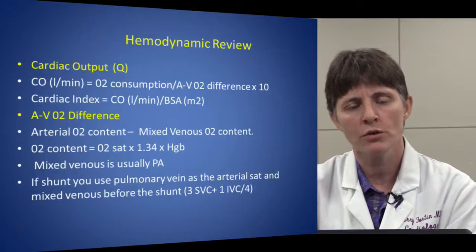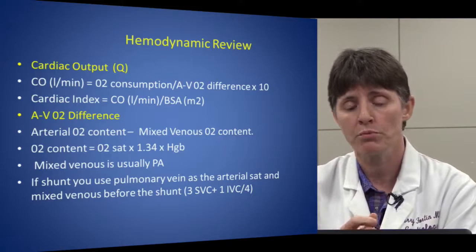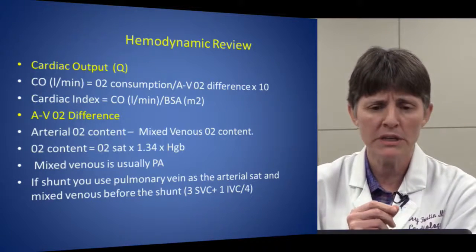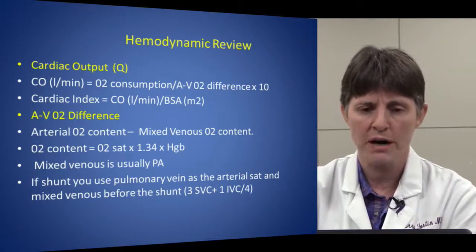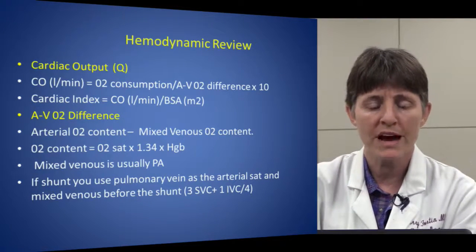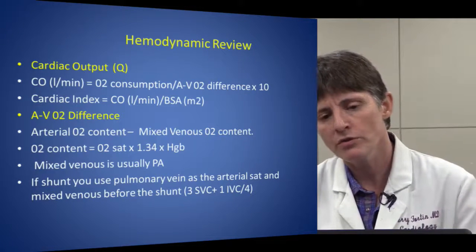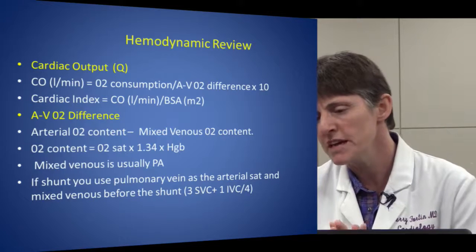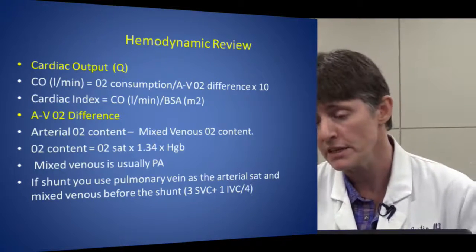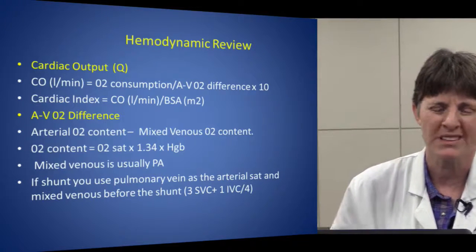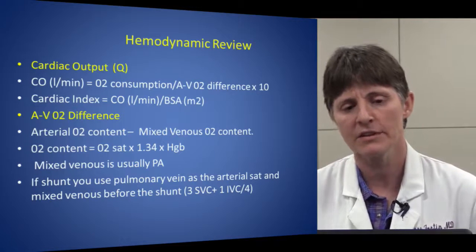So hemoglobin, as you recall from medical school, doesn't carry oxygen one-to-one. So it's a pretty mixed ability, and the more it binds, the quicker it binds. So it's 1.34 times the hemoglobin, and then this change in sats. So it's very different if you have somebody with a hemoglobin, say, of 18 and their sat is 90 and 70 versus someone whose hemoglobin is 8 or 6 because they're anemic and their sat is 90 and 70.